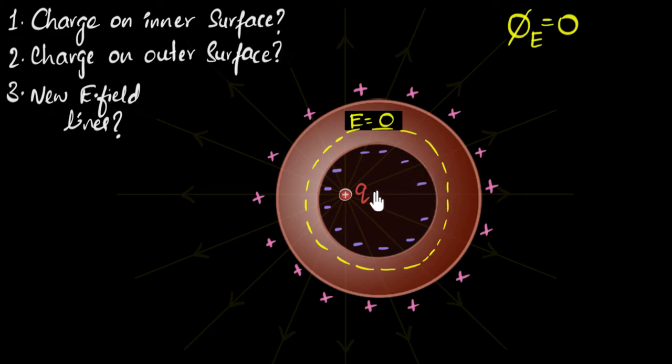And from that, I think I now understand how much this negative charge should be. If the total enclosed charge should be 0 and I already have plus Q, that means that the total negative charge must be negative Q. So this should be negative Q. Only then the total enclosed charge becomes 0.